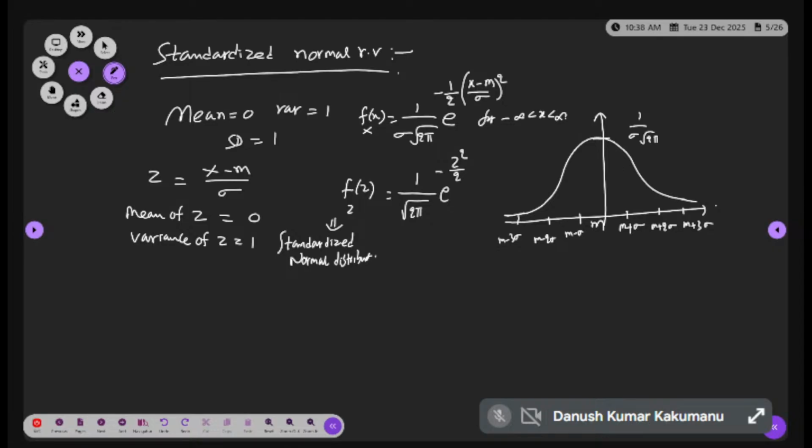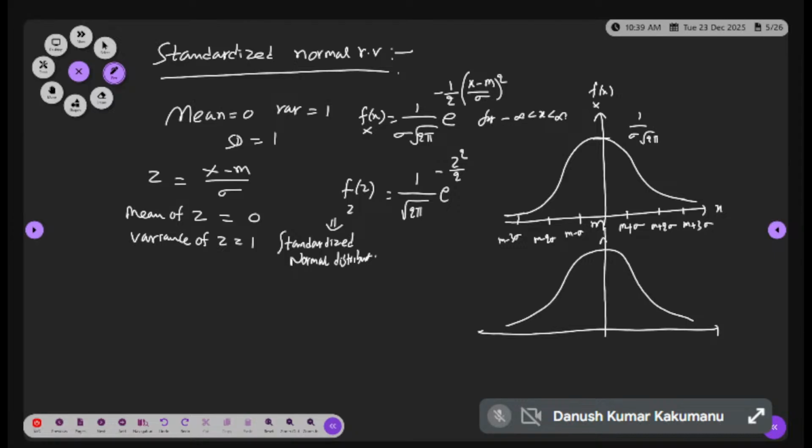Maybe some of you are getting the doubt: already you have drawn this graph, why are you writing again? We are comparing this with our f of z. This graph is the f of z comparison. Both shapes are the same, no doubt.